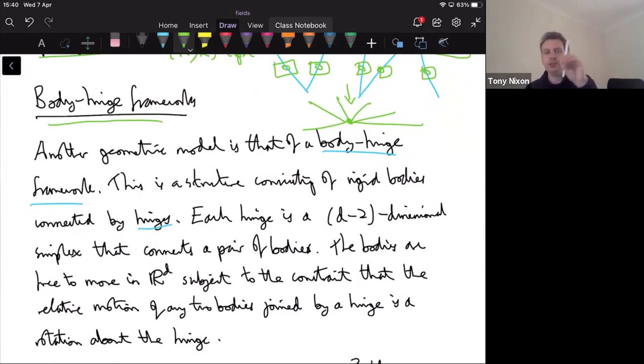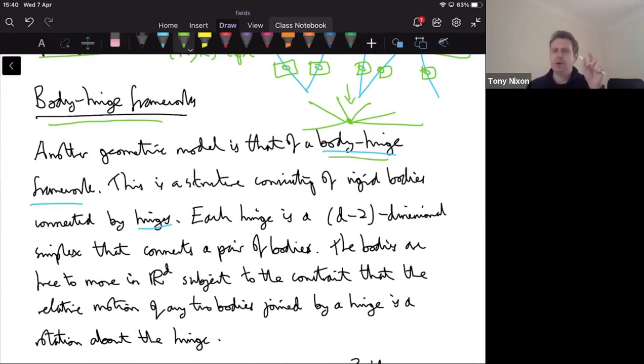But there's actually just a little step from body-bar and can be understood as well. So this time, you still have the bodies, you still have these compact subsets that finally span the space, and you could even have body-bar-hinge if you like, but I've just said body-hinge for simplicity.